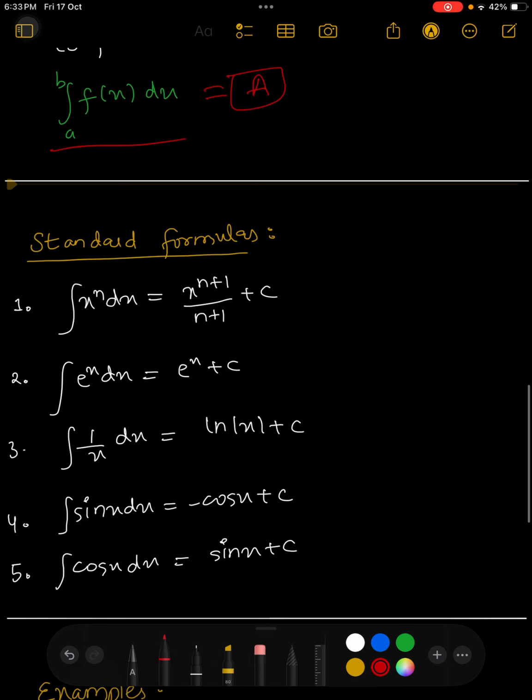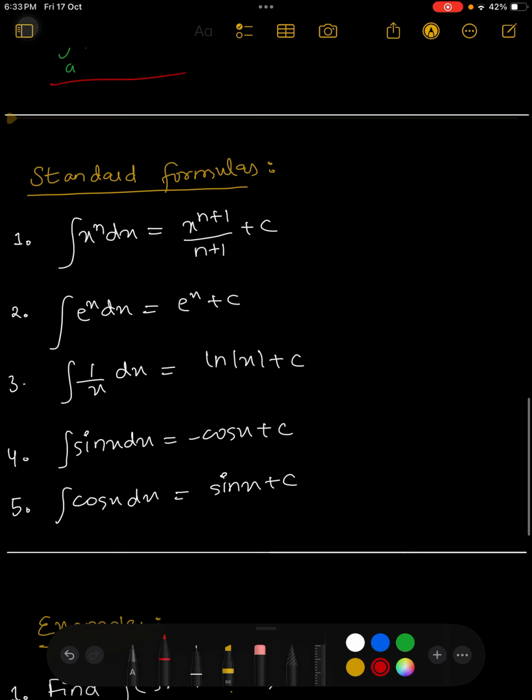Okay, so there are many standard formulas which we have to learn. Remember some of the formulas, like the integration of x to the power n dx would be x to the power n plus 1 divided by n plus 1, plus c, and the integration of e to the power x dx is e to the power x plus c, and the differentiation of e to the power x was e to the power x, right?